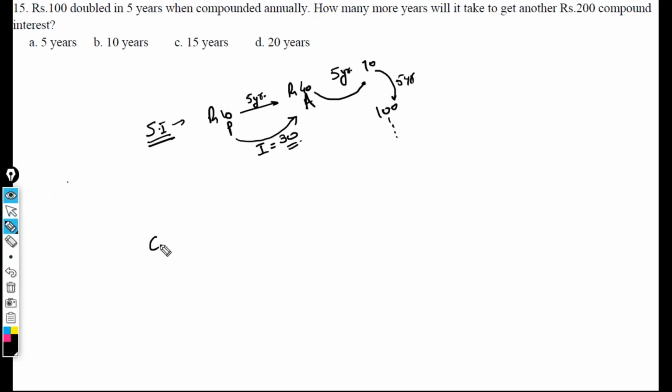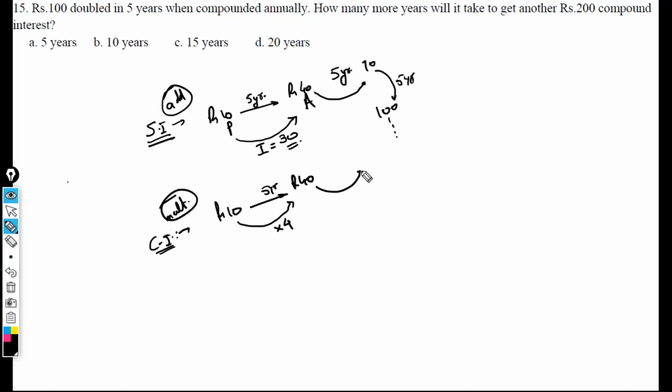Okay, good. Now in case of CI, I told you if you invested rupee 10 and in 5 years it becomes rupee 40, here my value basically became 4 times of the investment. In case of SI, addition comes into picture. In case of CI, multiplication comes into picture.